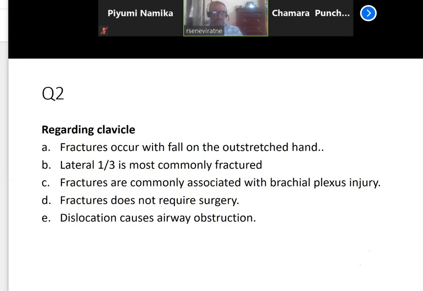Sportsmen, young people, international sportsmen, or even local sportsmen, it has to be repaired. Dislocation causes airway obstruction. What do you think? True. If the medial end is dislocated posteriorly, it can cause airway obstruction.